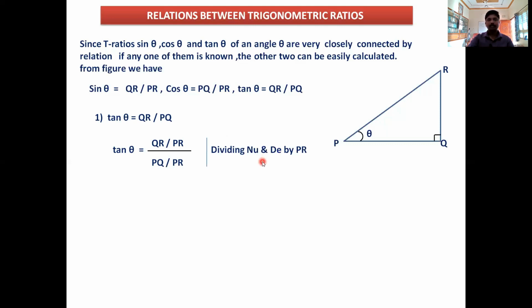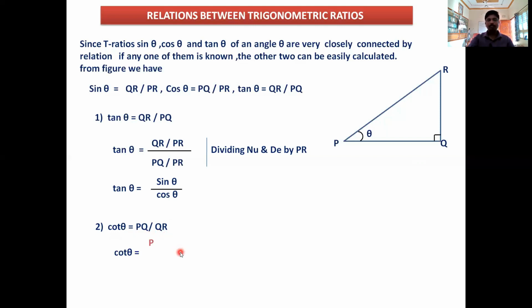QR divided by PR is nothing but sin theta, and PQ, the adjacent side, divided by hypotenuse is cos theta. Therefore, tan theta is equal to sin theta divided by cos theta. Keep it in mind. Next, second one, cot theta is equal to PQ divided by QR.